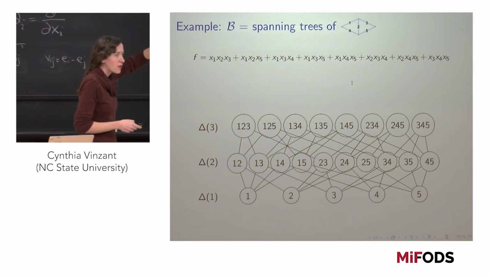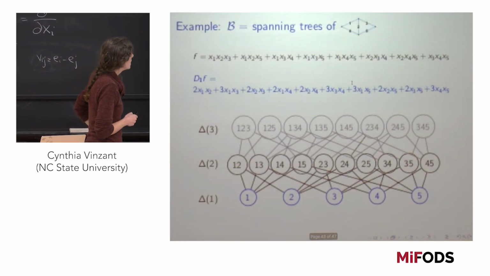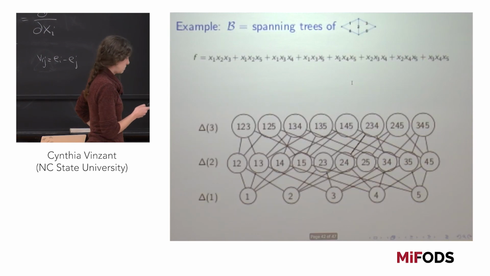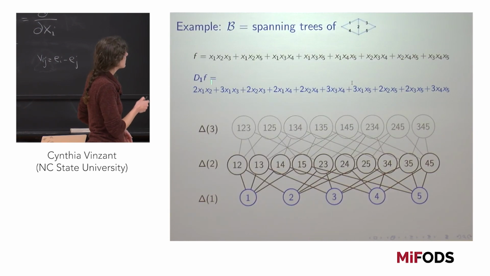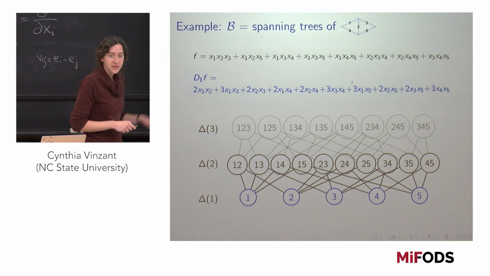What I can do is imagine walking around this graph. And one thing I could do, if I take the derivative with respect to the all ones vector, I get some quadratic polynomial. And this will give me weights on all of these subsets of size 2, and I can use them to define a random walk between things of size 1 and size 2.